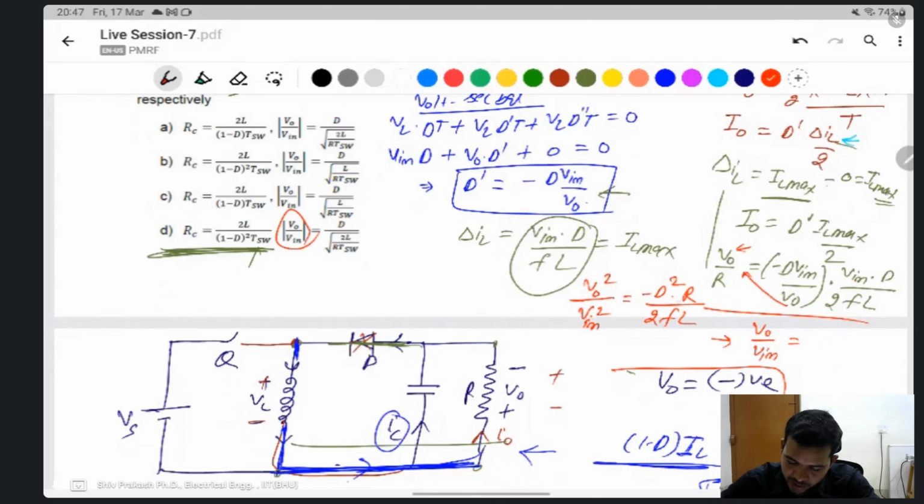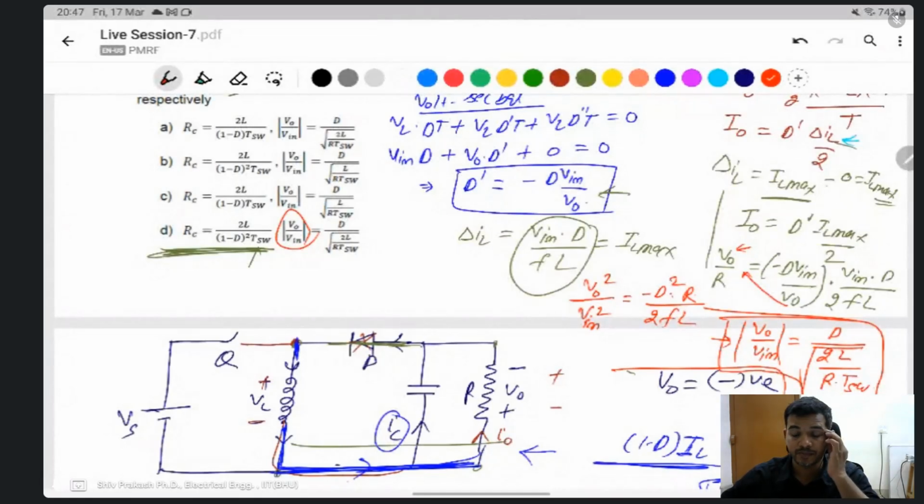Then if you take the root, D will remain here, and R goes to the denominator with FL. Take 2F as R T, and the root of T is TSW, like this.